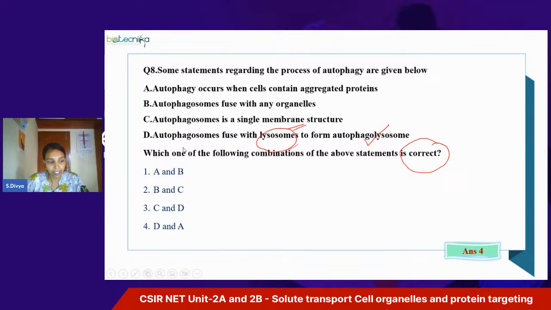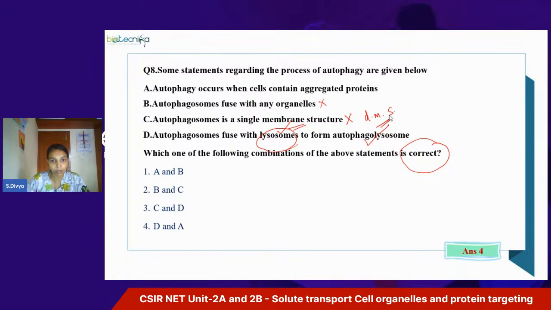If A and D are the correct answers, then why are B and C incorrect? First, autophagosomes will not randomly fuse with any organelle; they can only fuse with lysosomes. Second, autophagosome is not a single membrane structure, rather it is a double membrane structure. That is the reason.